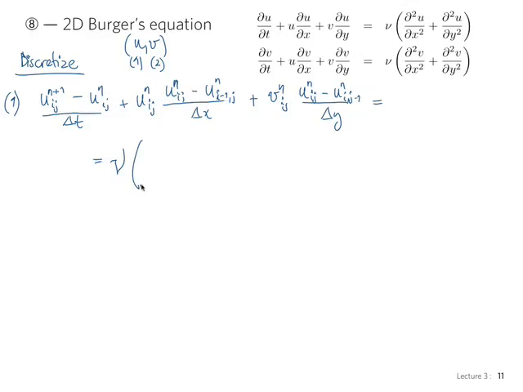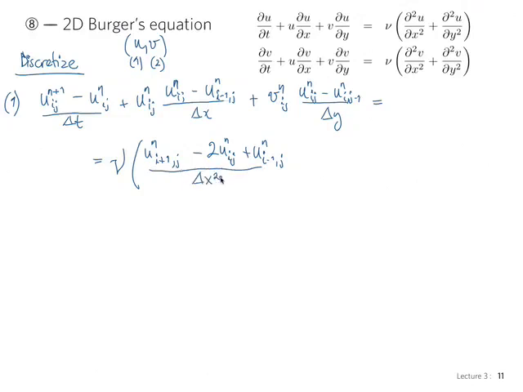nu times our two central difference formulas for the second order derivative. Let's write u. It's going to be all at the time n, but I have both sides of point i. So u i plus 1 comma j, minus 2 u ij, plus u i minus 1 comma j, all at time n.